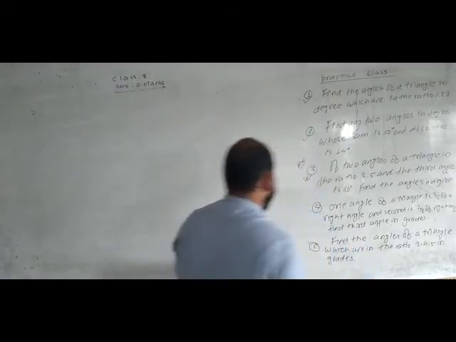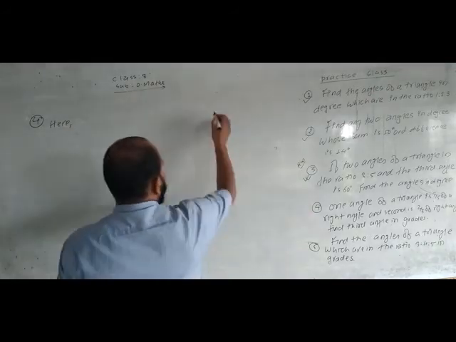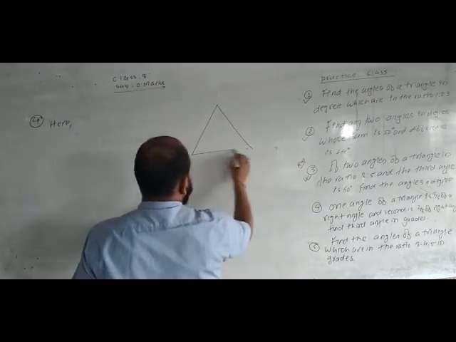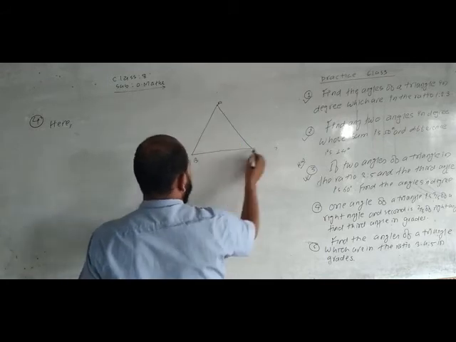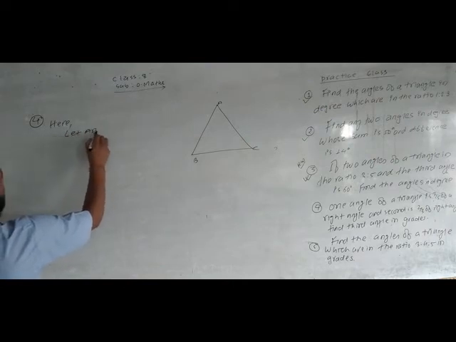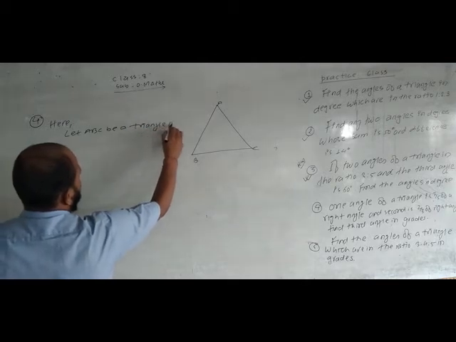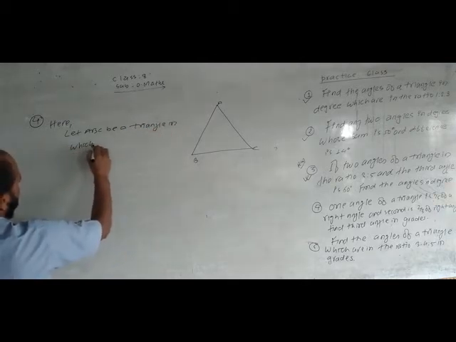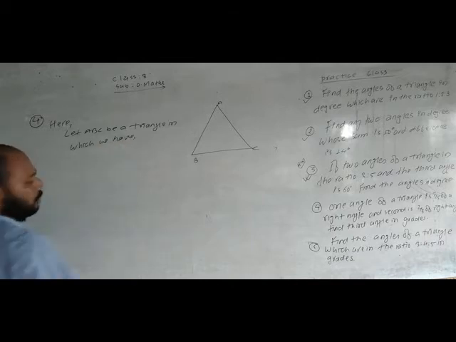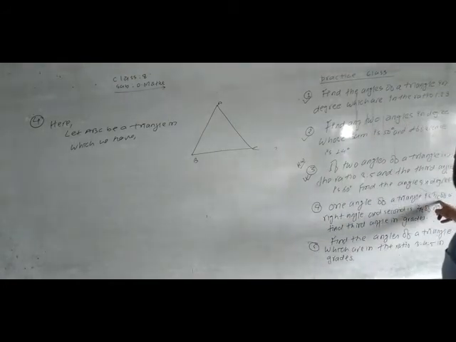Now here in question number 4, we have: let ABC be a triangle in which one angle of a triangle is 3/5 of a right angle.